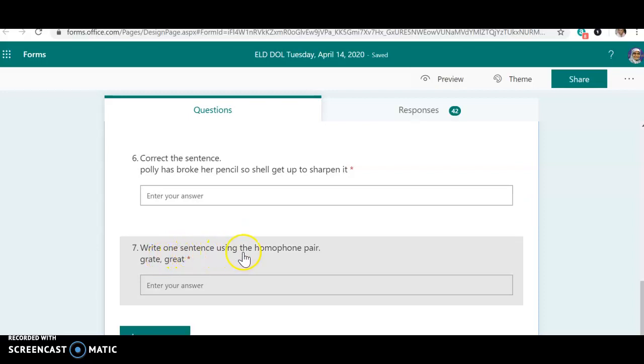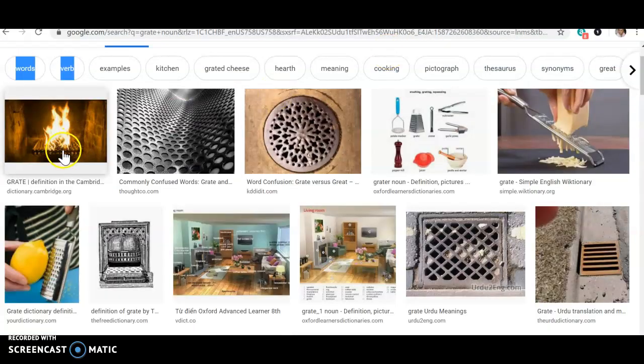Write one sentence using the homophone pair, grate and great. The first grate, if it's a verb, means shredding. If it's a noun, it means a metal object that they use in the furnace and they put coal on, or the metal object you see for draining the water in the street, showing the picture of both of them.